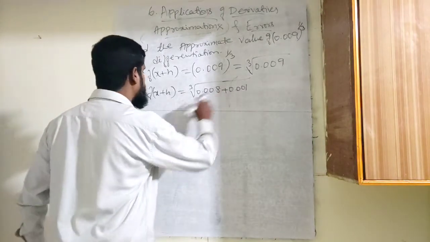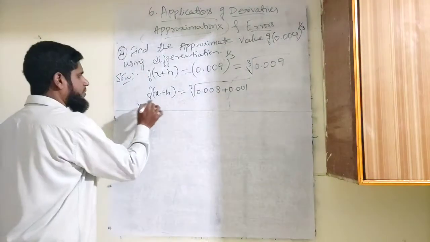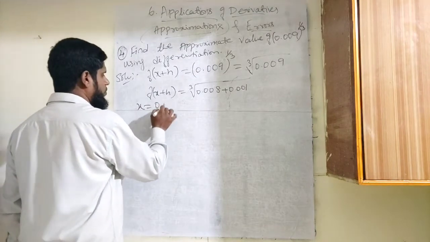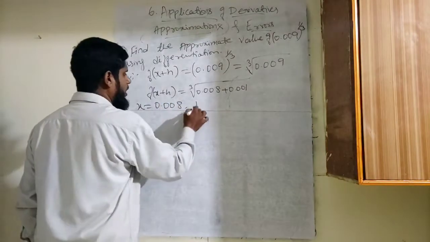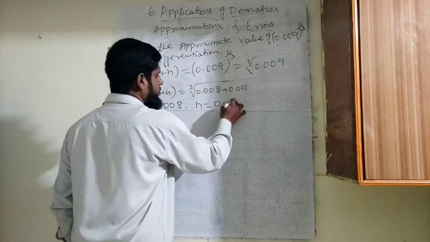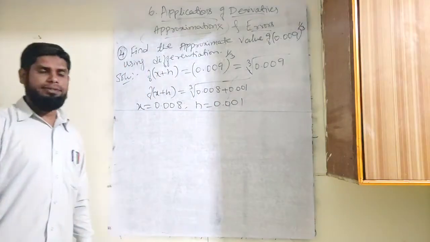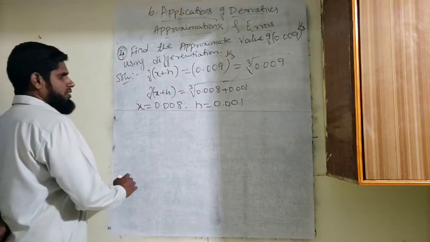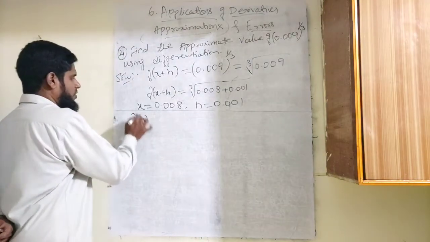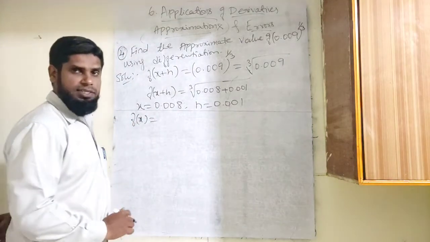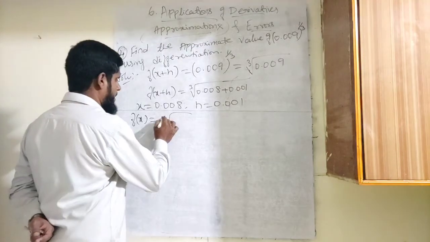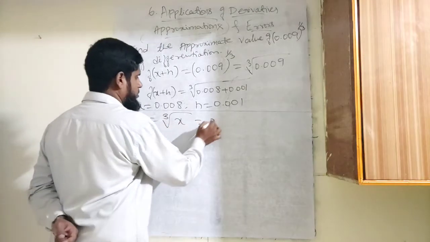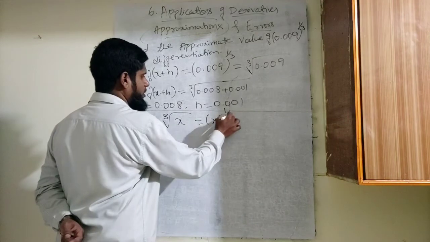Now with reference to this, I can easily write my x value is 0.008 and my h is 0.001. So what is my f of x? My f of x is the cube root of x. Also I can write x power 1 by 3.